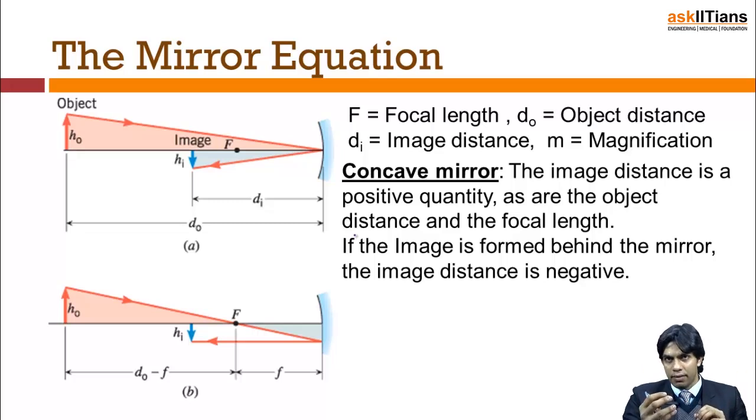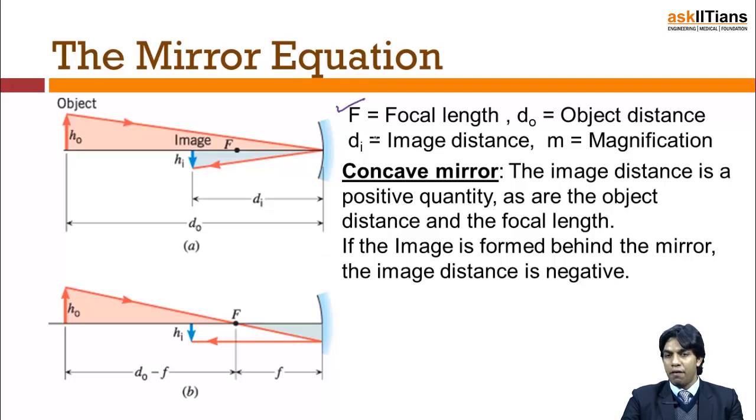Cause is an object, effect is an image. So if I place an object in front of a mirror, I will end up getting an image. So the cause and the effect are related via the parameter of the reflecting surface, that is the focal length.